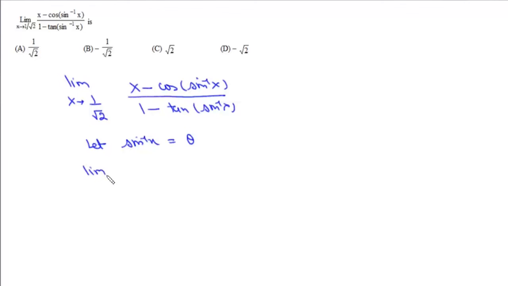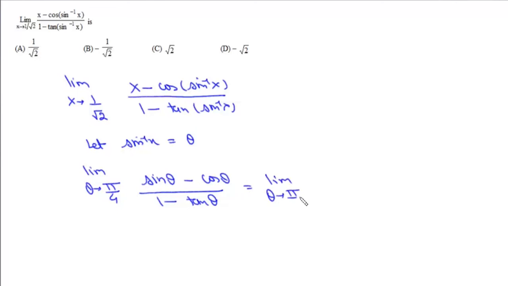So we can write this as limit theta tends to pi by 4 sin theta minus cos theta upon 1 minus tan theta. Now 1 minus tan theta is cos theta minus sin theta over cos theta. So it will be this limit theta tends to pi by 4 and then minus cos theta, which is minus 1 by root 2, and that's your option B.